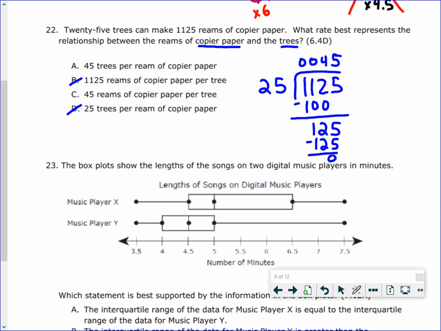No. I mean, that wouldn't make sense because there's only 25 trees total. So there won't be more trees for every one piece of copier paper. That doesn't make sense. So our answer would be C, because that's just the logical one anyways. 45 reams of copier paper for each tree. When we only have 25 trees, it can't be 45 trees.